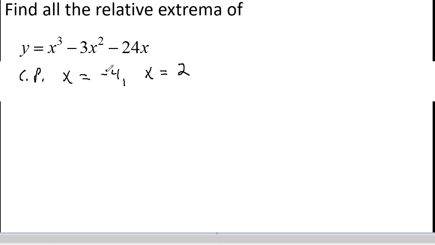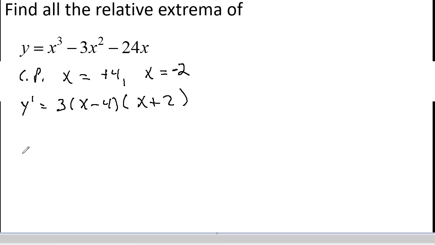Sorry, no, that was at x equals +4 and x equals -2. Okay, and so we already saw that our derivative in factored form was 3 times x minus 4 times x plus 2.